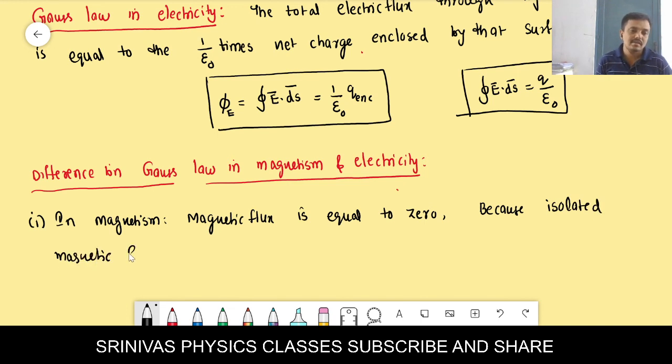This is the reason: isolated magnetic poles do not exist.